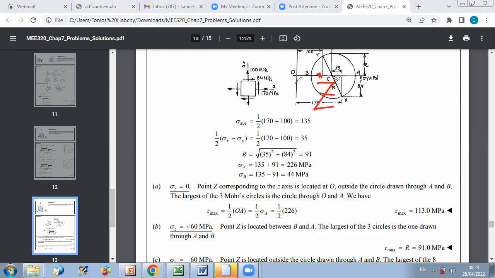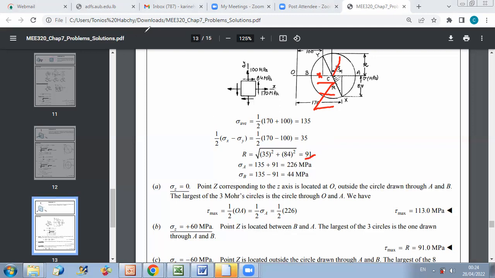And in this case, if Z is between B and A, the largest circle is circle AB. This means that in this case, I have maximum in plane shear, and this maximum shear will be equal to the radius of circle AB, which is equal to the radius already calculated, 91 megapascal.